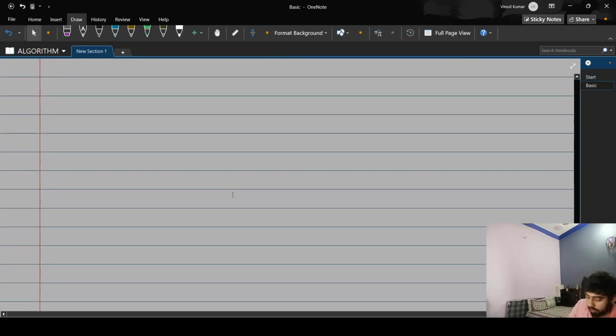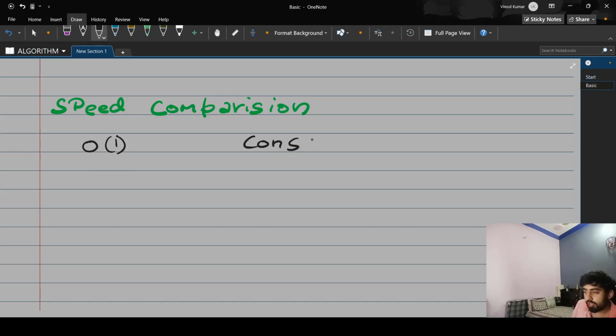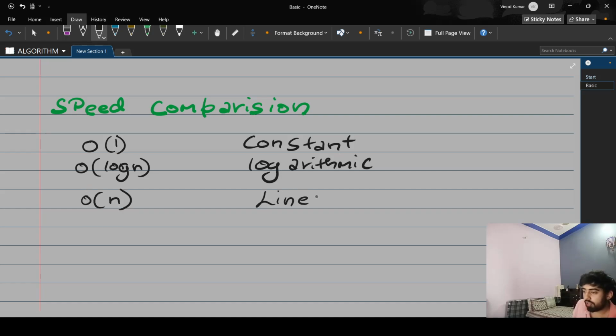Now let me tell you about the speed comparison also. This will give you an understanding of how things are working. So the fastest is big O of 1, which is constant. This is the fastest an algorithm can run. Big O of log n is the logarithmic function. Then we have big O of n, which is the linear function.